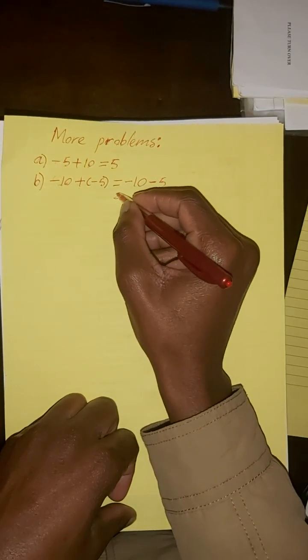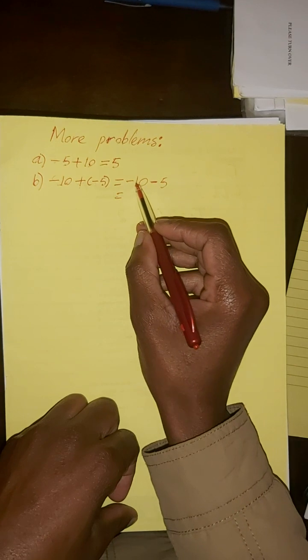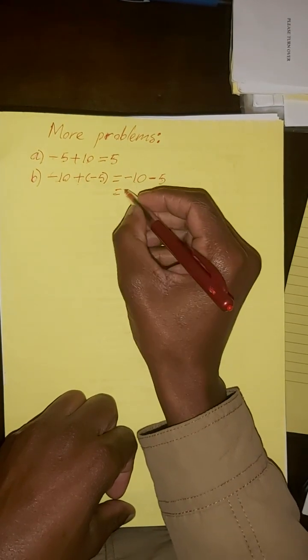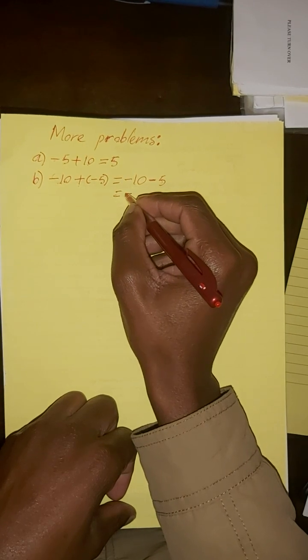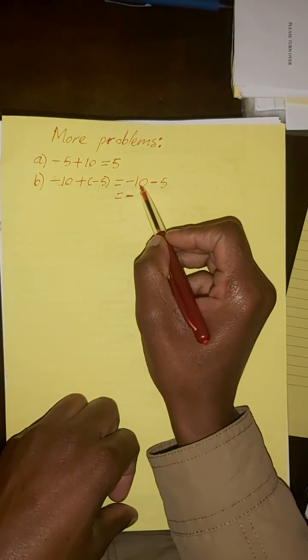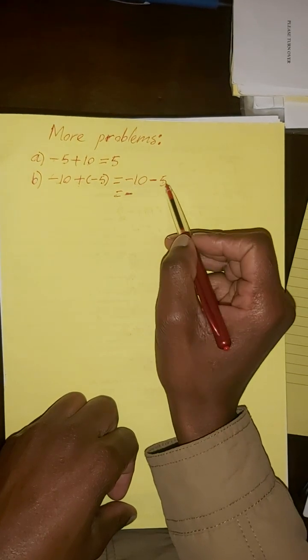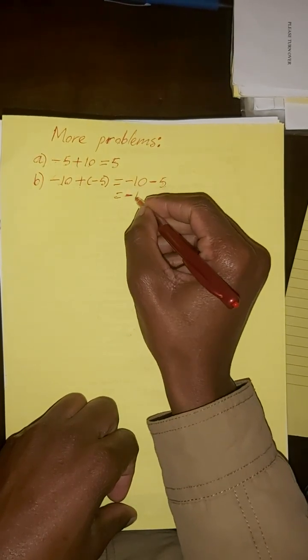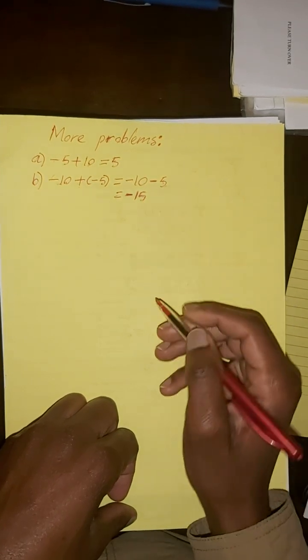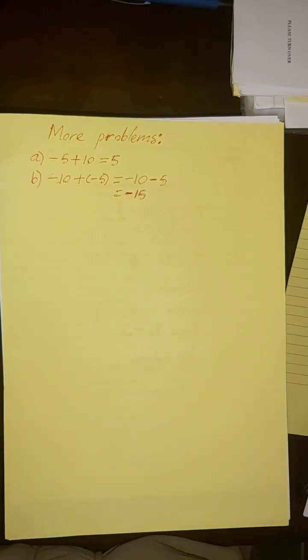And then when we give the solution, we are adding a negative with a negative, right? So when you add a negative with a negative, your answer should be a negative. Then after that, you simply say, what is 10 plus 5? 10 plus 5 is 15. So your answer is negative 15. Okay, that's how you deal with this one.